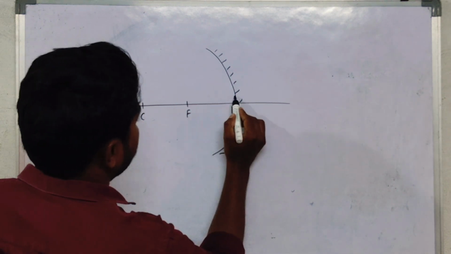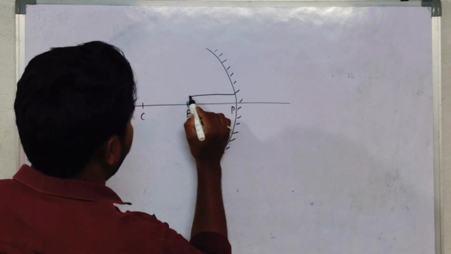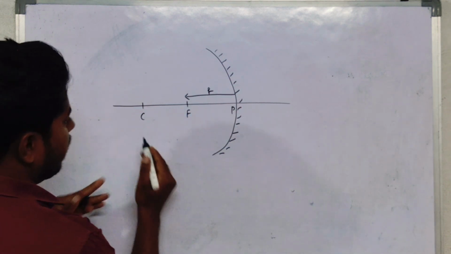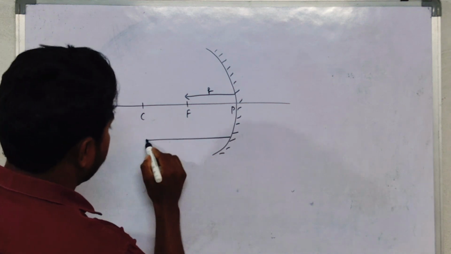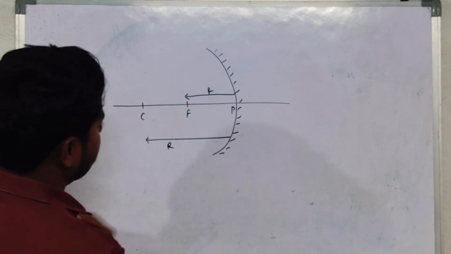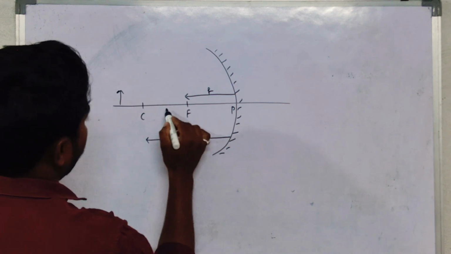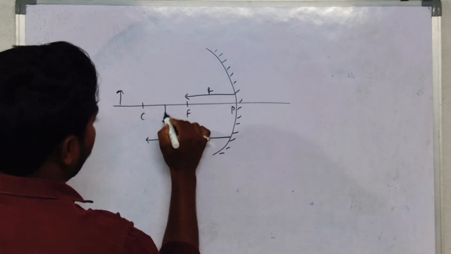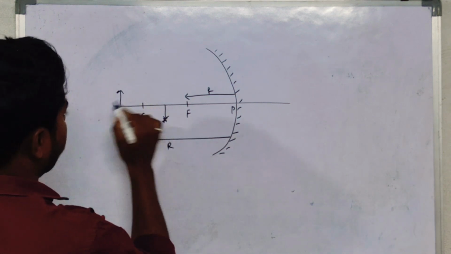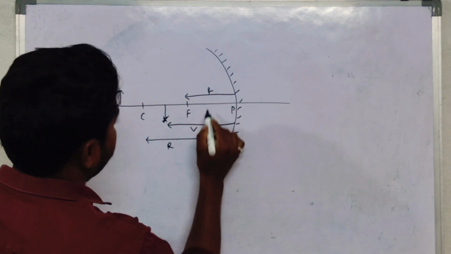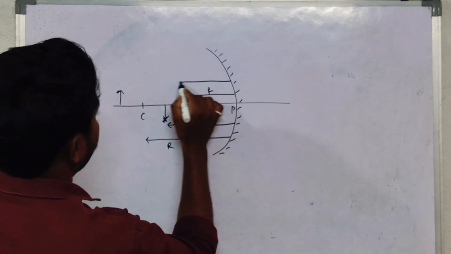The distance of the focus is the focal length. The distance of the center of curvature from the mirror is the radius of curvature. And suppose you place the object here, your image is going to be formed here. So this is v, and this distance is u.